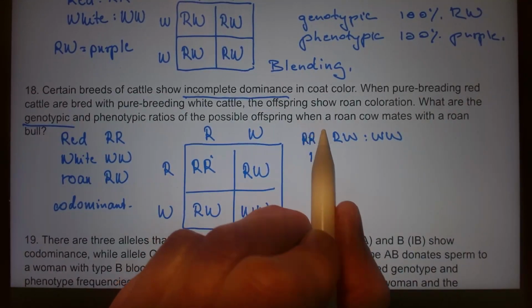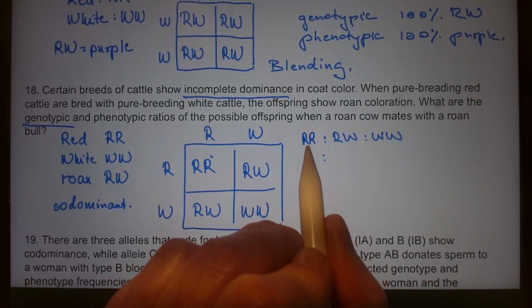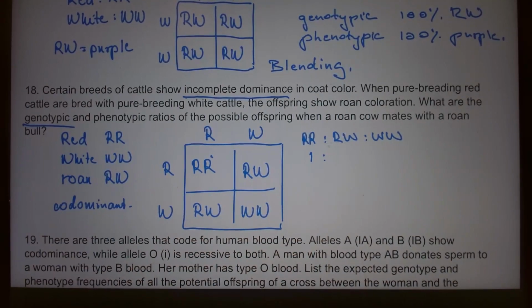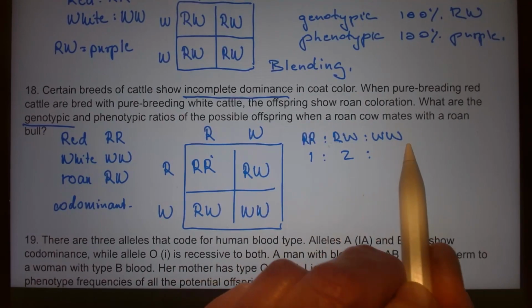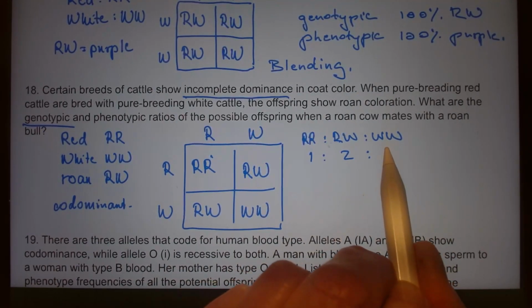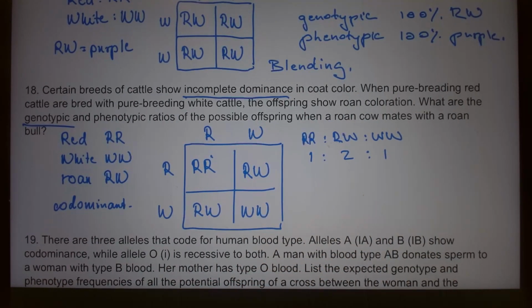Usually we put the homozygous dominant first, but at this point, because of the incomplete dominance or codominance, in this case we will put 1, but the heterozygous will be 2, and the other homozygous is going to be 1. This is the genotype ratio.